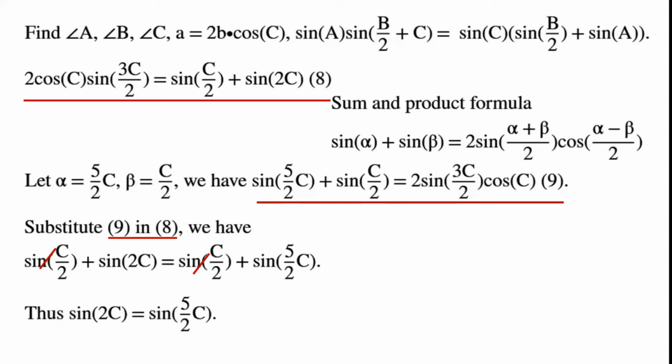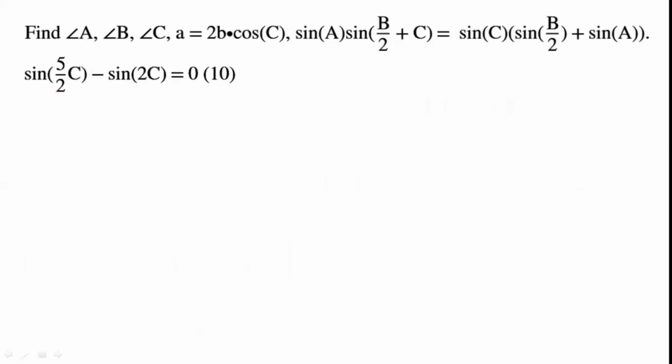Thus, sin 2C = sin(5C/2). By rearranging the equation, we have sin(5C/2) − sin 2C = 0.